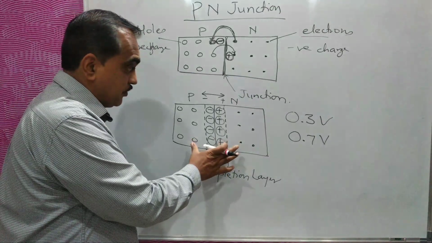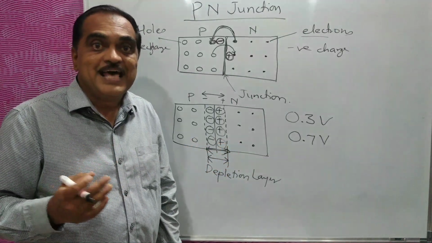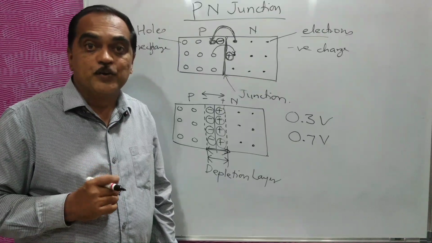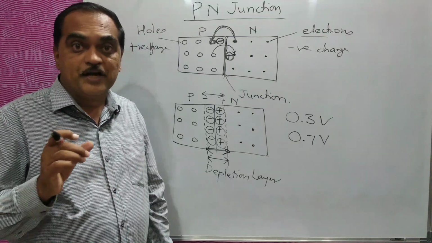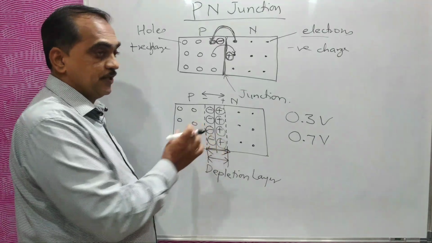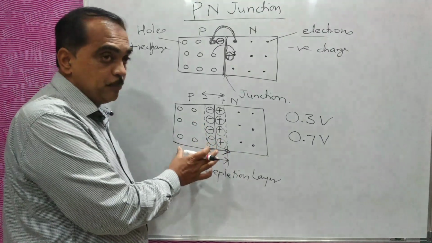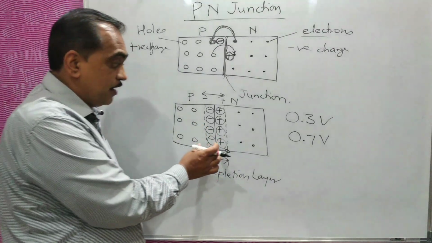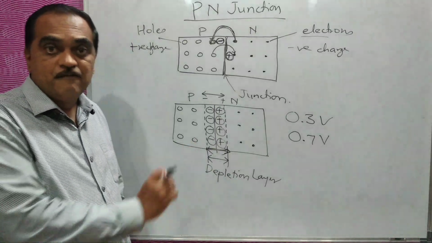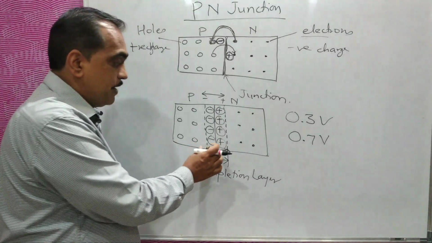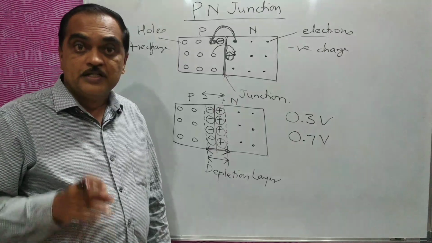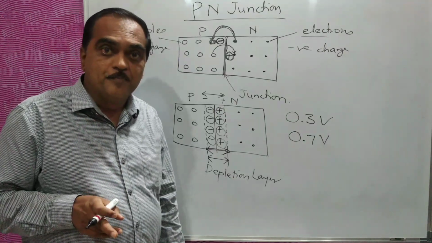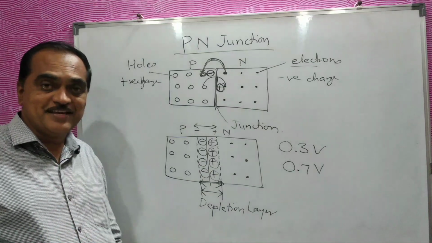Now this PN junction can be taken as your semiconductor diode, with a barrier potential. If it is made of germanium, the barrier potential will be 0.3 volt. If it is made of silicon, the barrier potential will be 0.7 volt. These voltages you have to overcome if you want to conduct this device.